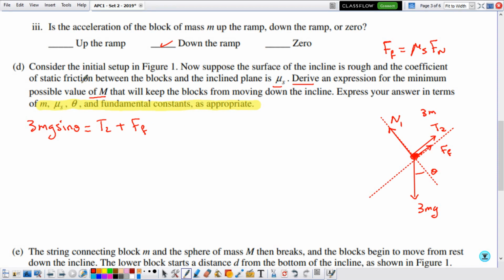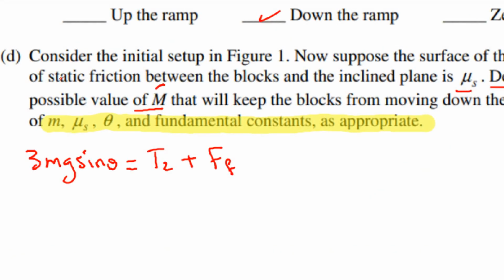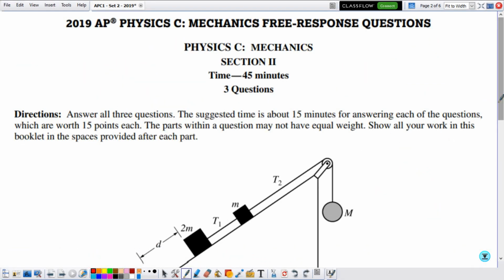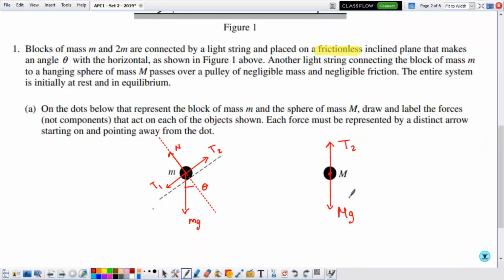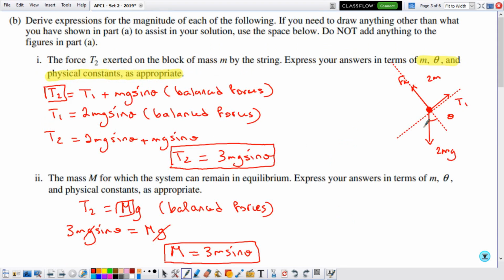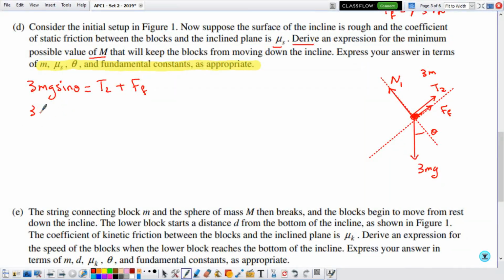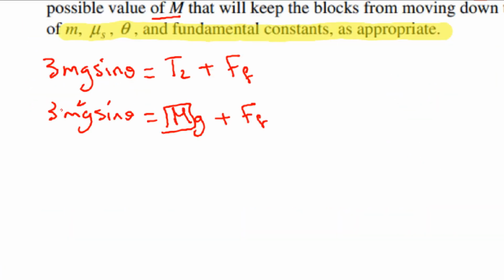Now remember that we're interested in determining the value of M. T2, we have determined, is equal to Mg because these are balanced forces. Then T2 here can be simply replaced by Mg, plus FF. We're interested in determining the value of M. It's okay with this expression, it's being expressed in terms of m, theta and fundamental constants.